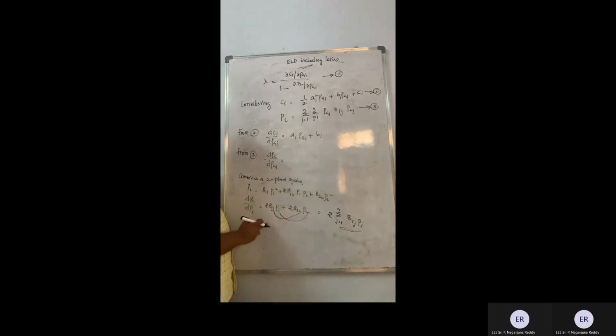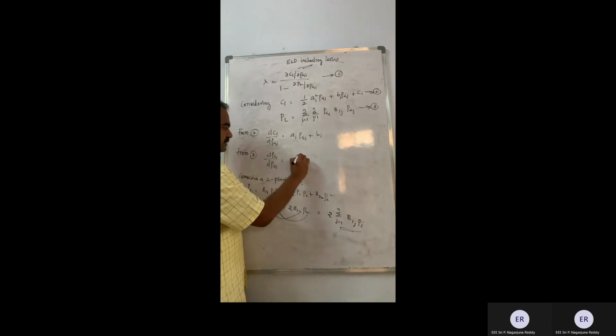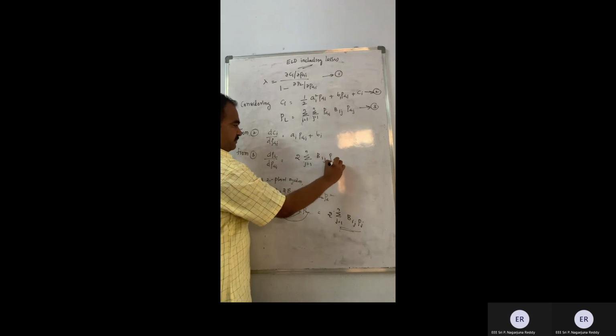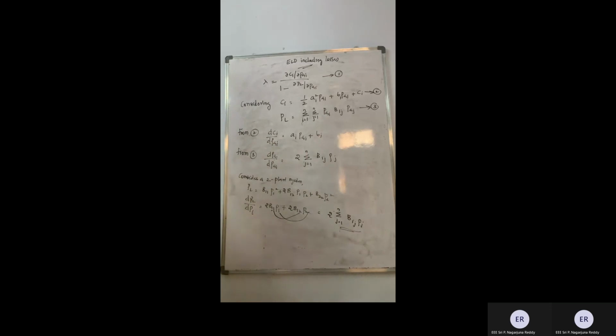This is a generalized expression, and I am trying to employ the same here. Because 2 is common: B11 P1 plus B12 P2. So this is Bij Pj.